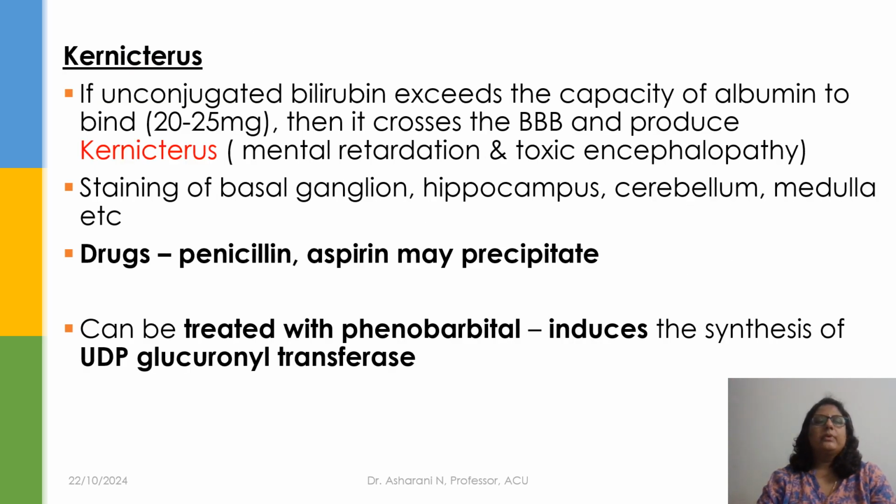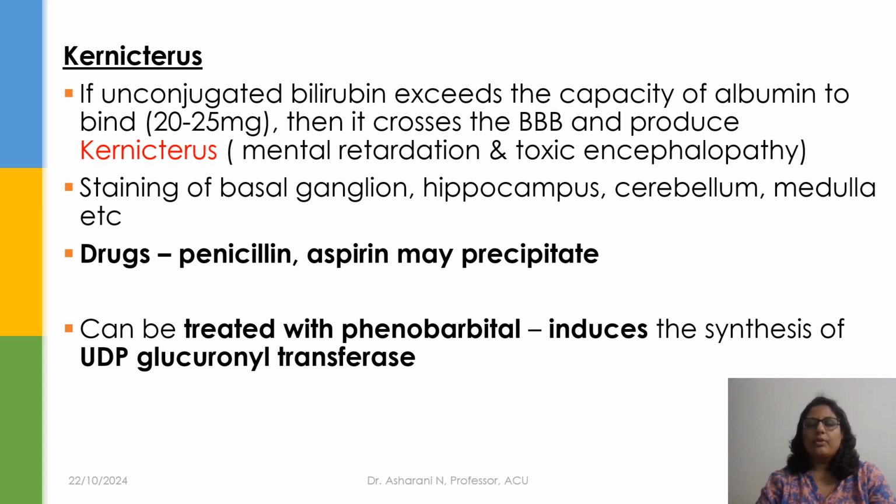Next, if unconjugated bilirubin exceeds the capacity of albumin to bind, as we have already seen in heme degradation, the unconjugated bilirubin binds to albumin for transport in the circulation. Albumin has a capacity to bind 20 to 25 milligram per deciliter of bilirubin.